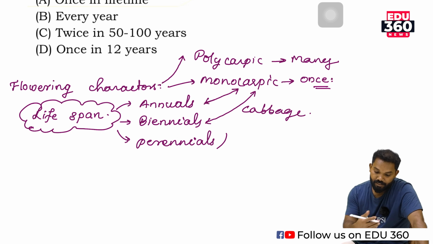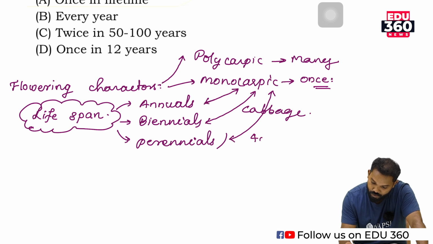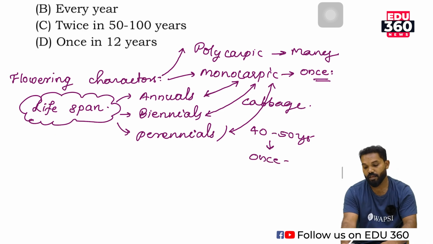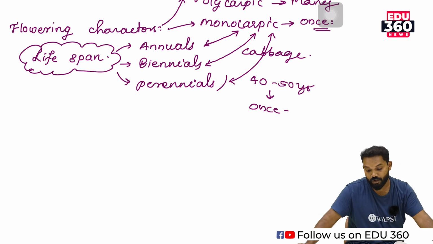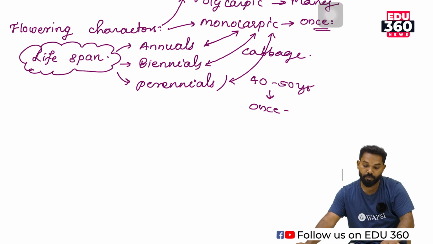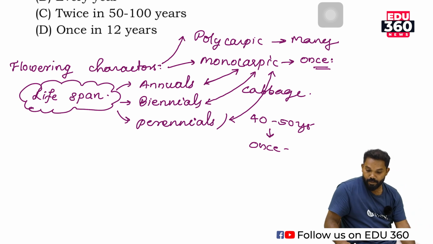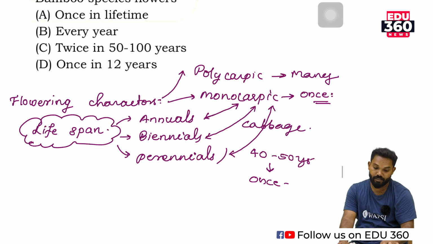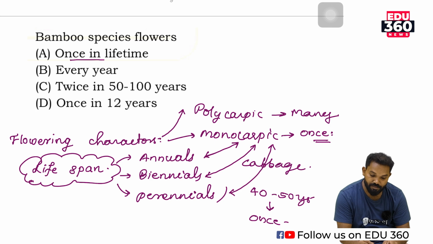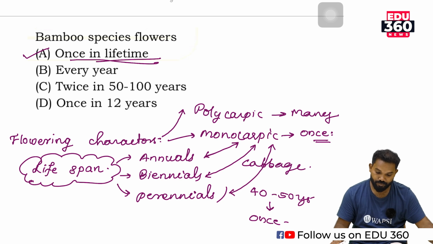But the characteristic of the bamboo plant is that it is perennial. It lives more than 40 to 50 years, but flowers only once in its lifetime. They grow many years, so it is perennial and also monocarpic. Perennial polycarpic, perennial monocarpic, annual polycarpic, annual monocarpic, biennial monocarpic plants, etc. Here, bamboo species flowers once in its lifetime, which means it is a perennial monocarpic plant.